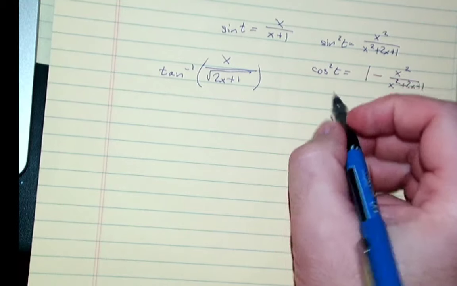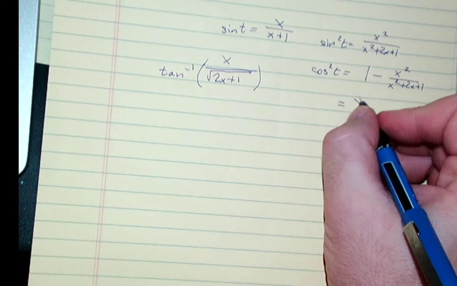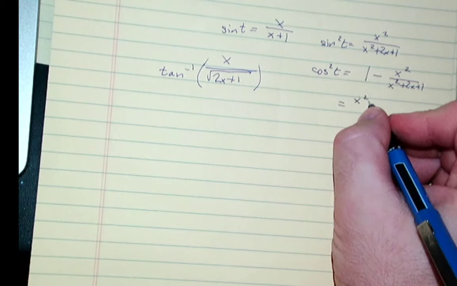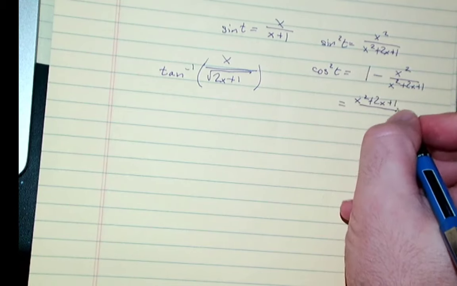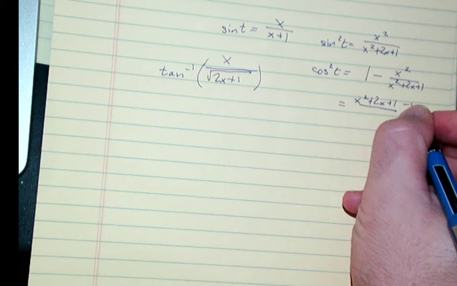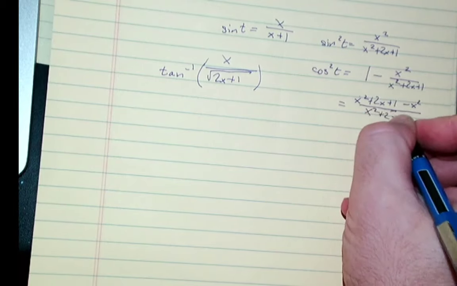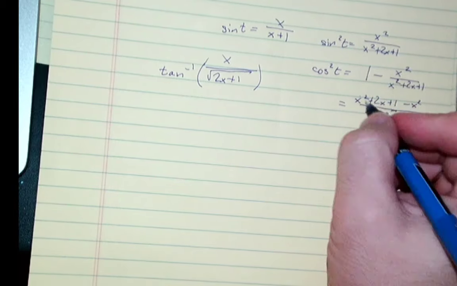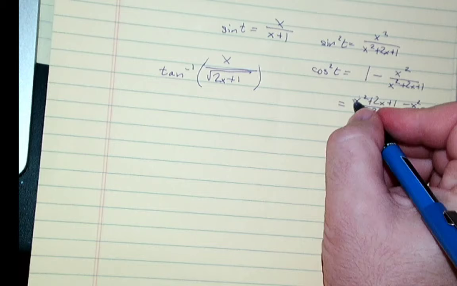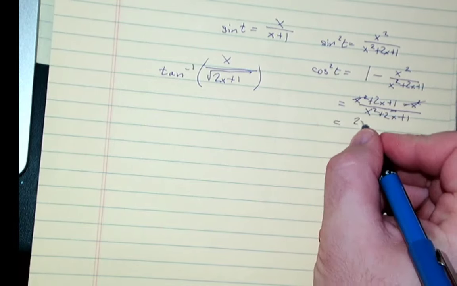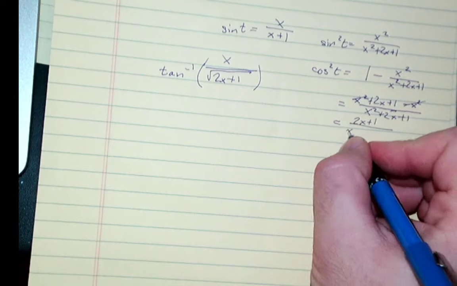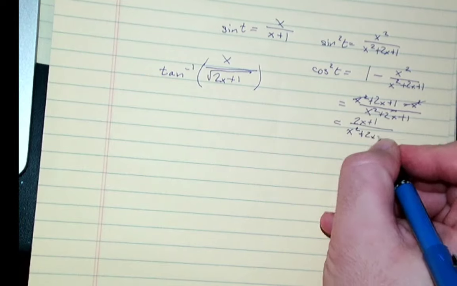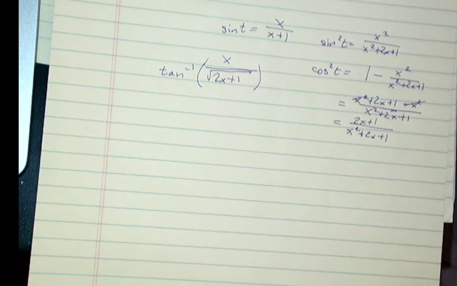So, by usual fraction math, that's equal to x squared plus 2x plus 1, minus x squared, over x squared plus 2x plus 1. The x squared cancels out, so we get 2x plus 1 over x squared plus 2x plus 1. So there's cosine squared t. So now we have sine squared t and cosine squared t. That's kind of cool.